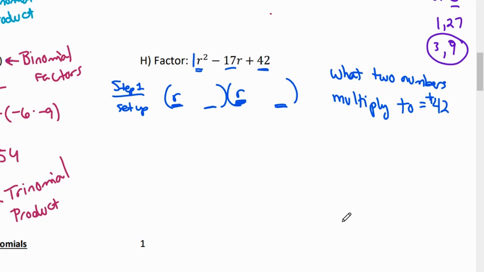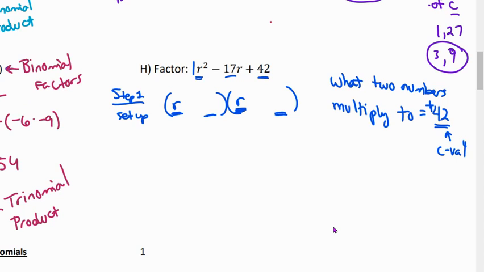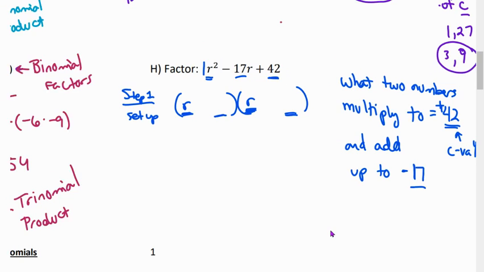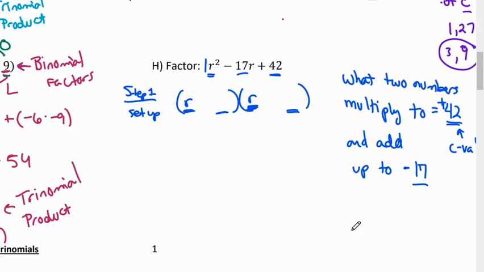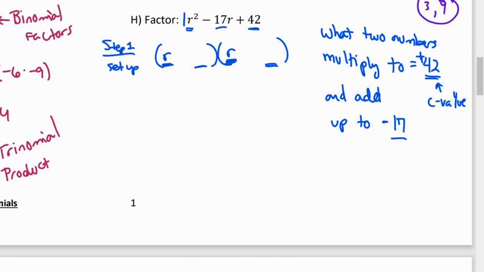We'll throw the signs in now, which is your C value, and add up to negative 17, and that negative 17 is your B value.